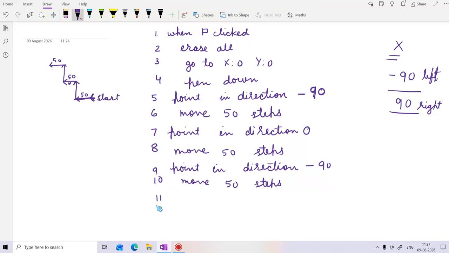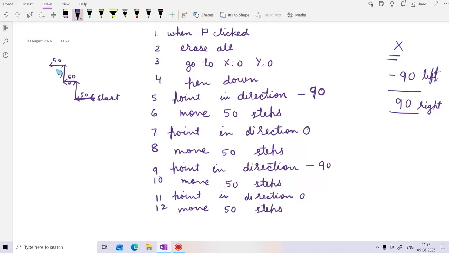Now 11 and 12. It means now I have to focus on this line, this one. Okay. So now line is going up again. So point in direction. Okay. Point in direction. We will take 0 and finally move 50 steps. Fine.